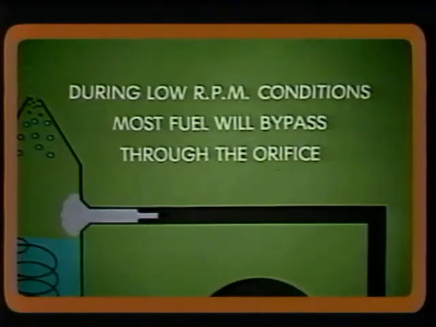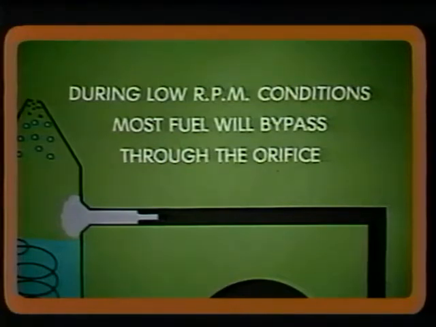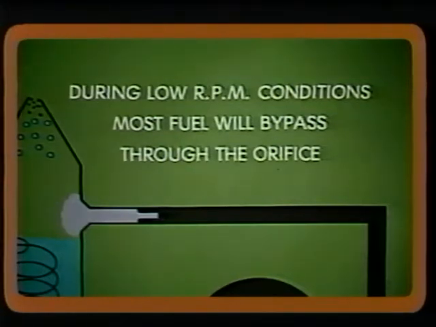The orifice installed in the bypass line around the pump is an effective way of producing a fuel pressure that varies with the engine speed, but it has one serious drawback. During low RPM conditions, it is ineffective because most of the fuel will bypass rather than go to the engine.